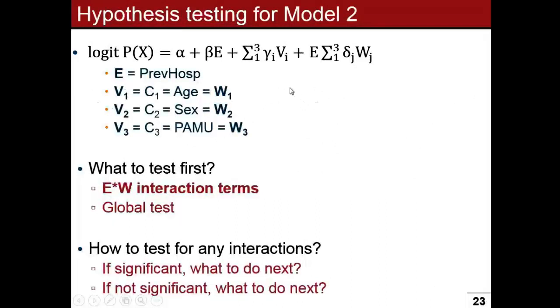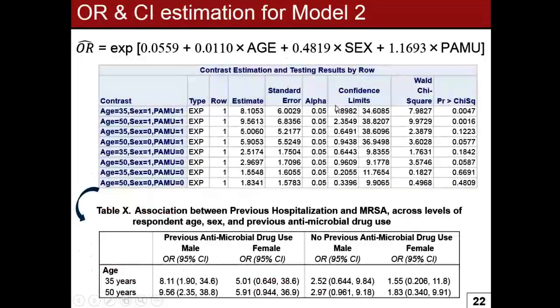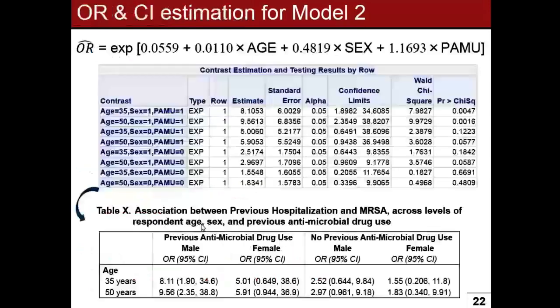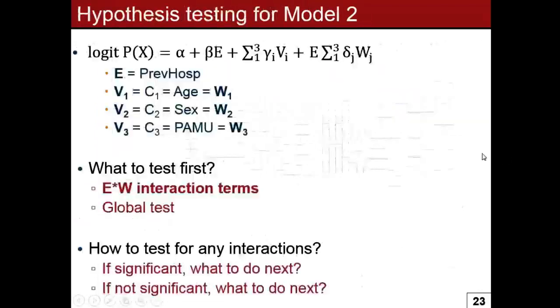Okay, so we have, this is our model 2 still. We talked here about how to specify the odds ratios and the confidence intervals associated with them. But we may actually want to do actual hypothesis testing for the purpose of maybe dropping terms from the model rather than just reporting on the significance of these individual odds ratios.